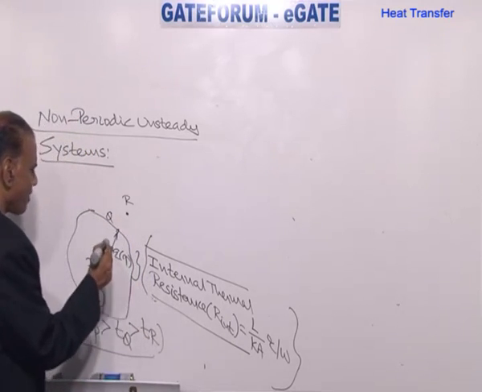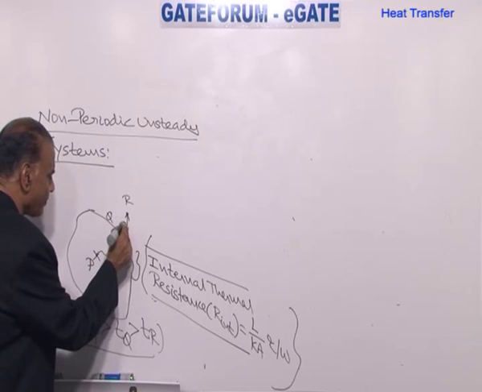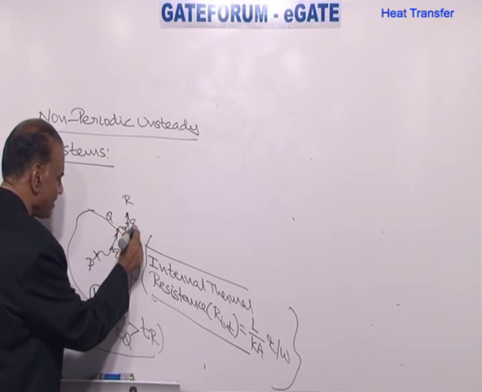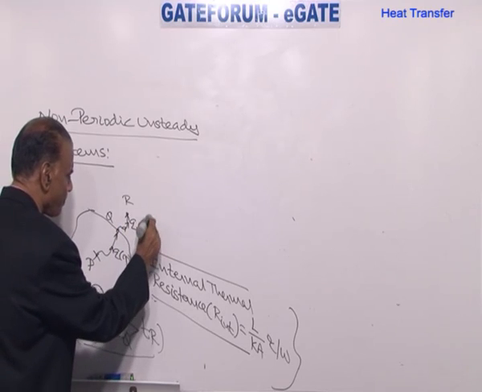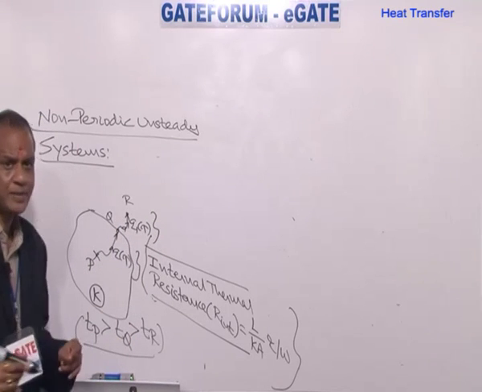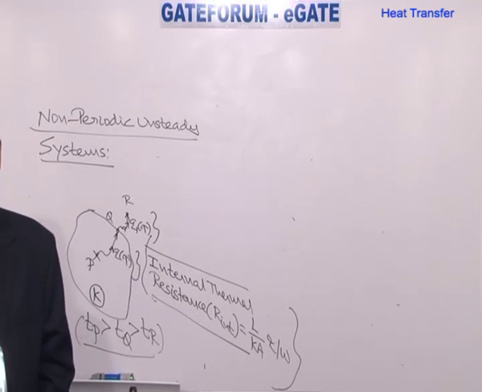Then there is going to be heat transfer from Q to R by convection, that is going to be Q1 tau. I am using 1 deliberately because it is unsteady.